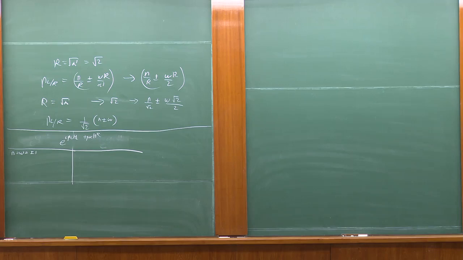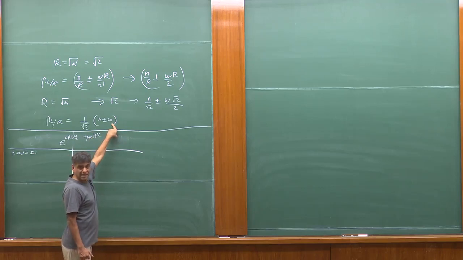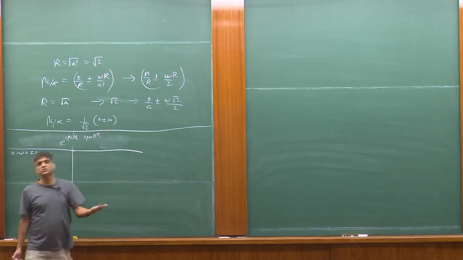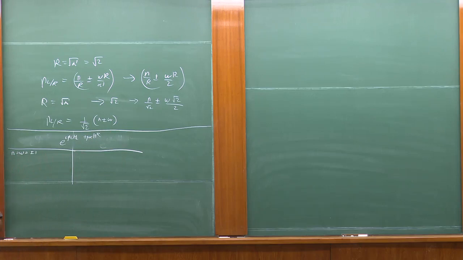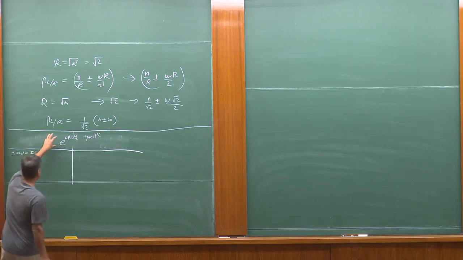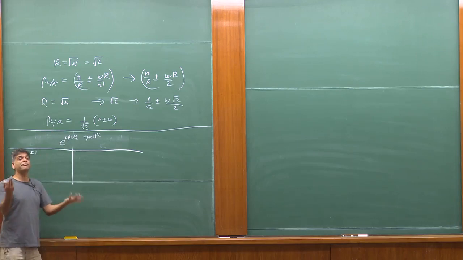These vertex operators become particularly interesting when we choose n equal to w equal to plus minus 1. When n and w are equal to each other, PL becomes 2 or minus 2 divided by square root 2, but PR becomes 0. So now we've got a vertex operator that is purely left moving.